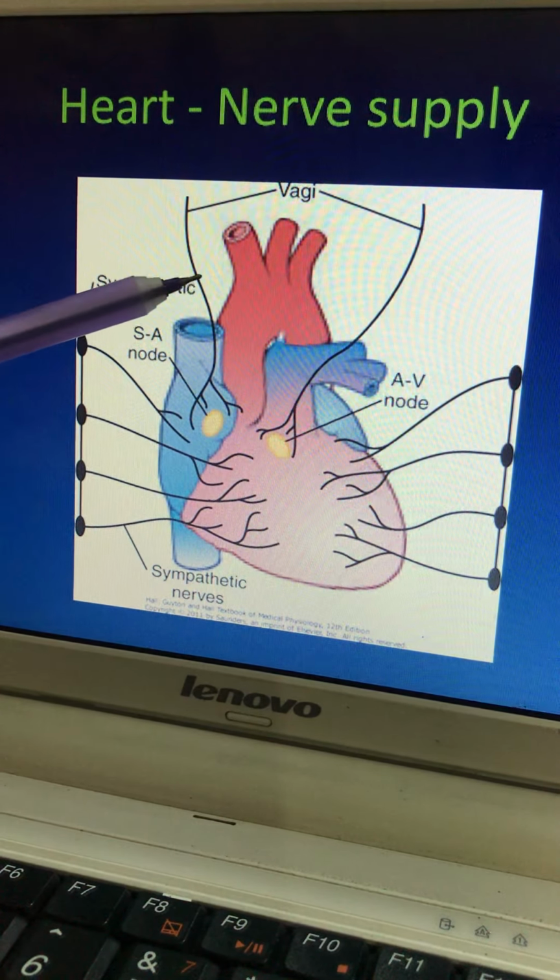Now, nervous regulation of heart rate: cardiac centers in the medulla oblongata and the autonomic nervous system control heart rate. Parasympathetic nerves affect heart rate significantly, and parasympathetic stimulation decreases heart rate and sympathetic stimulation increases heart rate.